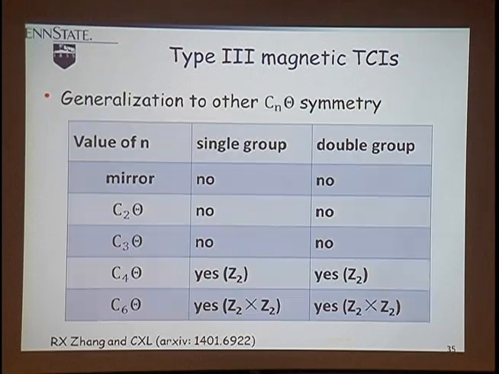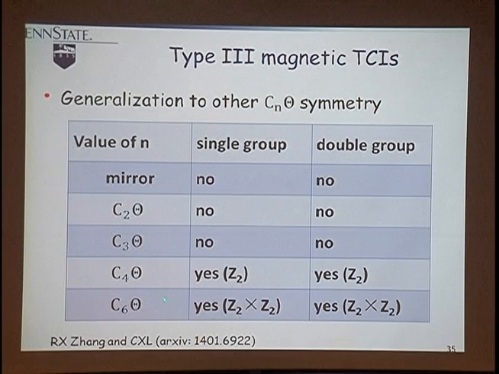Basically, we can do the classification of all the possible Cn theta symmetry operations, and what we found is that for C2 theta and C3 theta, there's no topological phase, but for C4 theta we have one, for both spinful and spinless.